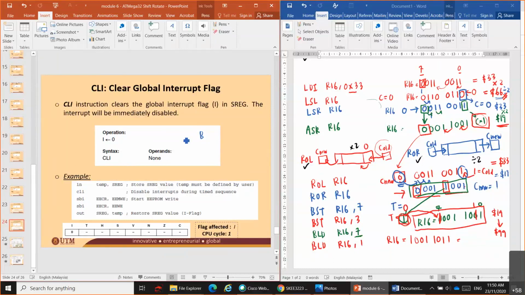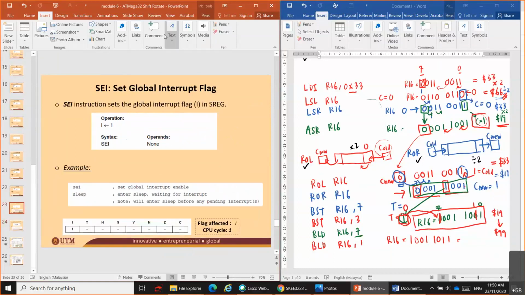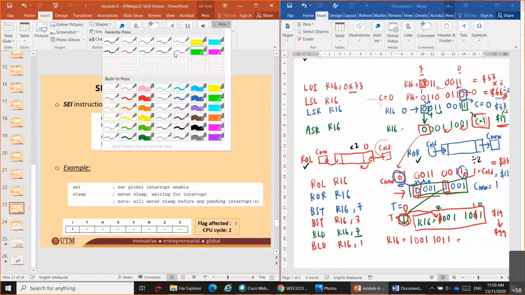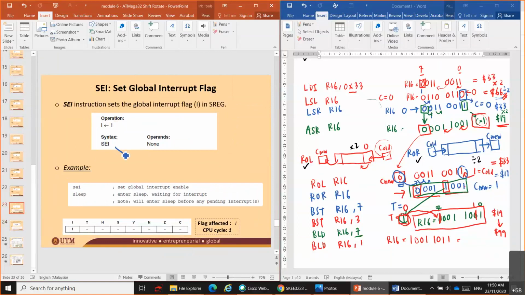You can use BCLR followed by bit 7, which is equivalent to CLI. For the other one, you can use bit set 7, which is equivalent to SEI.